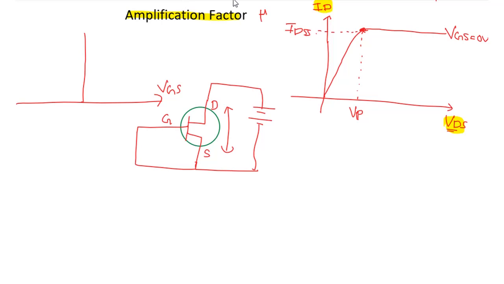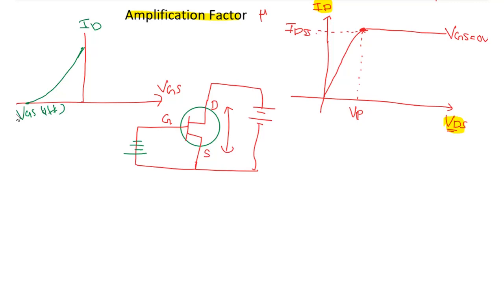Now I am plotting the curve between ID and VGS. As the reverse gate voltage, that is the voltage applied here, is increased further, the cross-sectional area of the channel decreases. So ID will decrease, and decrease further, and at some point this ID becomes 0. This voltage is said to be VGS off.